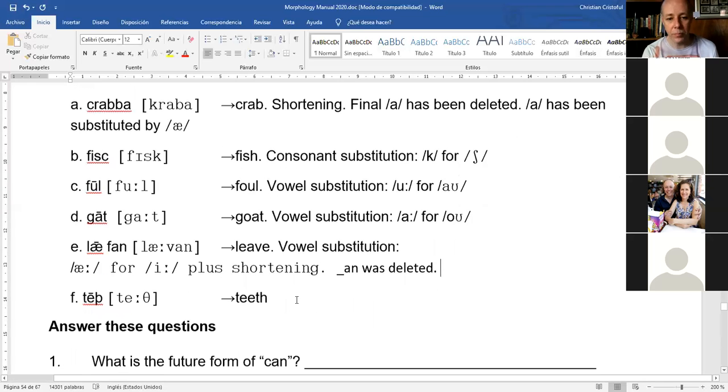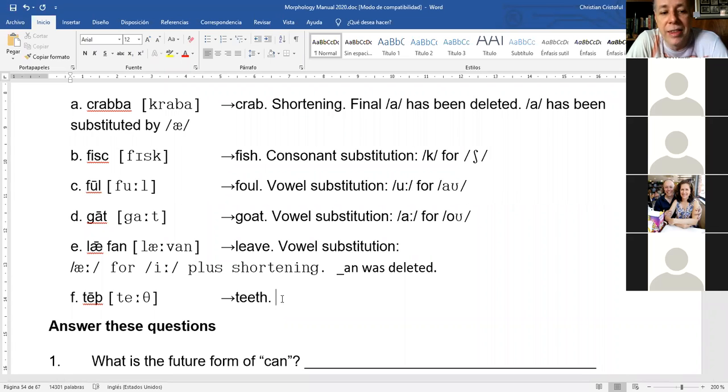Okay. Look at the weird letter from Old English. Very weird letter that was pronounced before. So, in Old English, people would say that, like this. And now we say teeth. So, what are the changes? Vowel substitution.